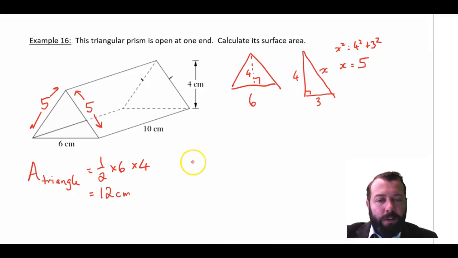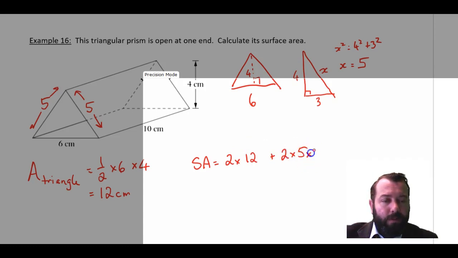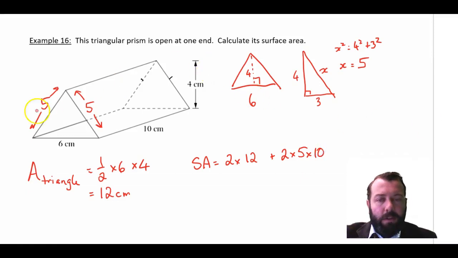Now, my surface area equals 2 lots of my 12, plus I have 2 lots of 5 by 10. Okay, so this rectangle here on the side, that's 5 wide and 10 deep, and there's 2 of those, right?